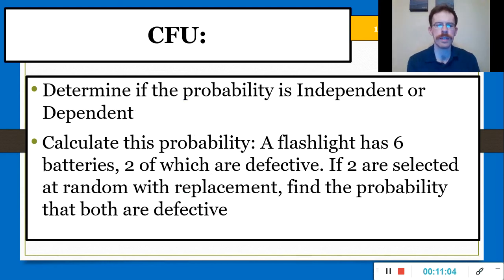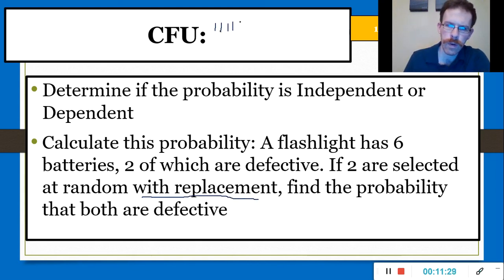So, determine if the probability is independent or dependent. Calculate the probability. A flashlight has 6 batteries, 2 of which are defective. If 2 are selected at random with replacement, find the probability that both are defective. Word choice on this is very important. We have to understand what it means to have with replacement.